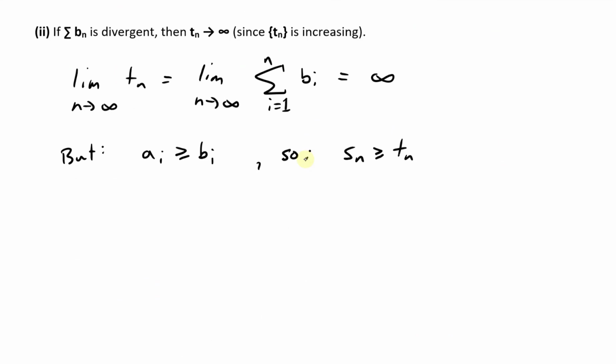So we know that this is greater because the terms themselves are bigger. So it's always going to be bigger, but this one's going to infinity. Thus Sn is approaching infinity, and not a number. So this is approaching infinity as n approaches infinity.